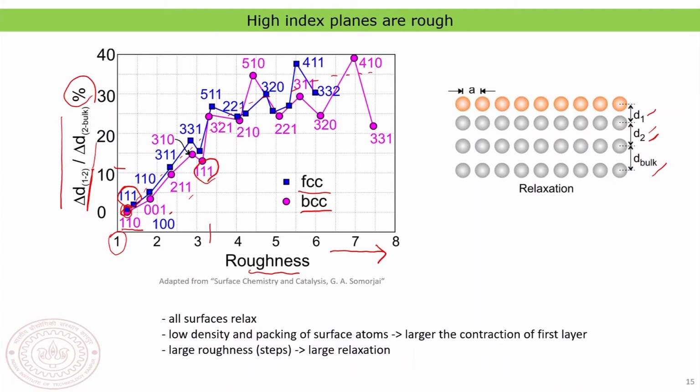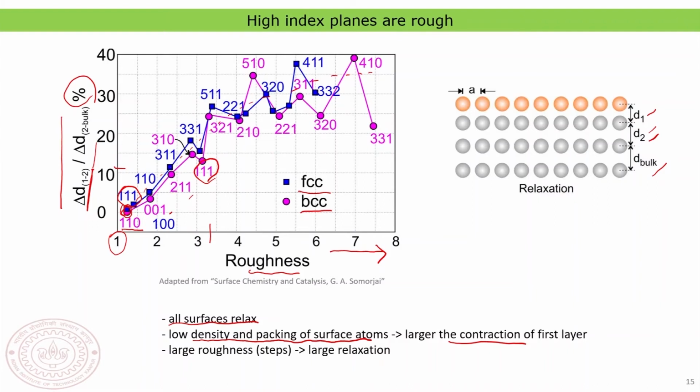One can do this exercise by taking any type of surface you like, but what I would like to show you in summary is that in general the roughness increases, the relaxation increases, and it also shows that all surfaces are relaxing. When the surface has the lowest density packing of surface atoms, then you will have a larger contraction of the first layer.